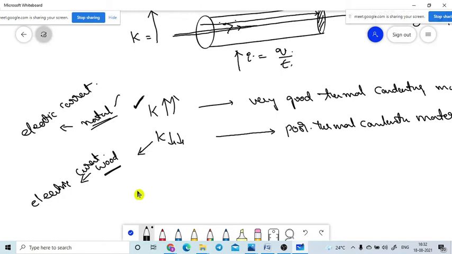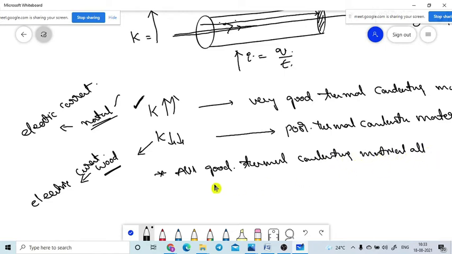If a material is good for thermal conduction, the same material is good for electric conduction also. Our conclusion is that all good thermal conducting materials are good electric conducting materials also.